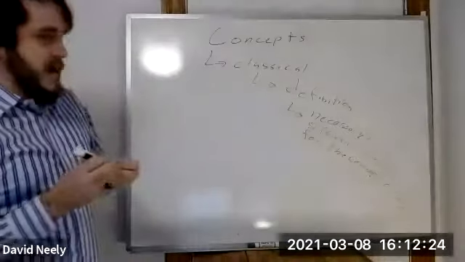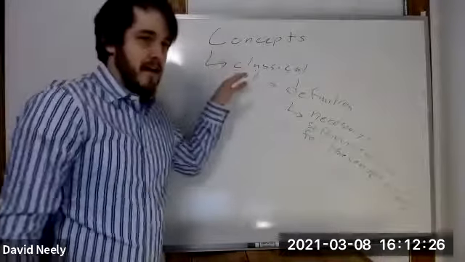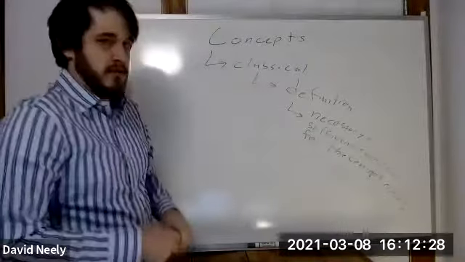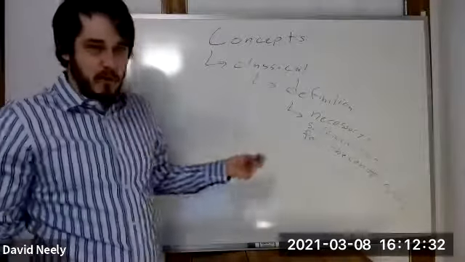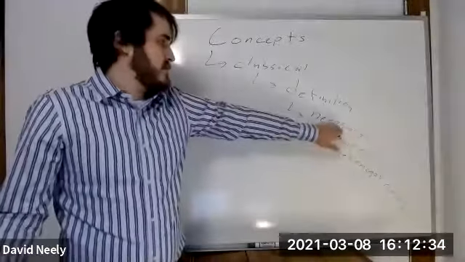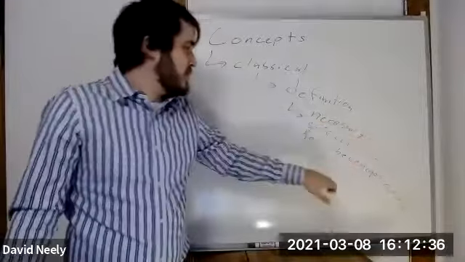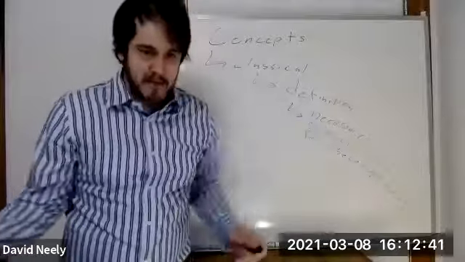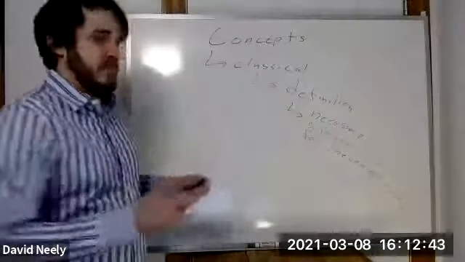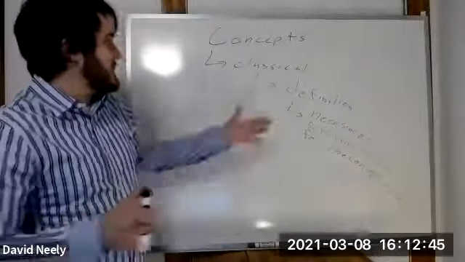So the idea is that to be an example of a quadrilateral is to be something with four sides. Every thing with four sides is a quadrilateral, and to have four sides is sufficient to count as a quadrilateral. That would be like a classic case.